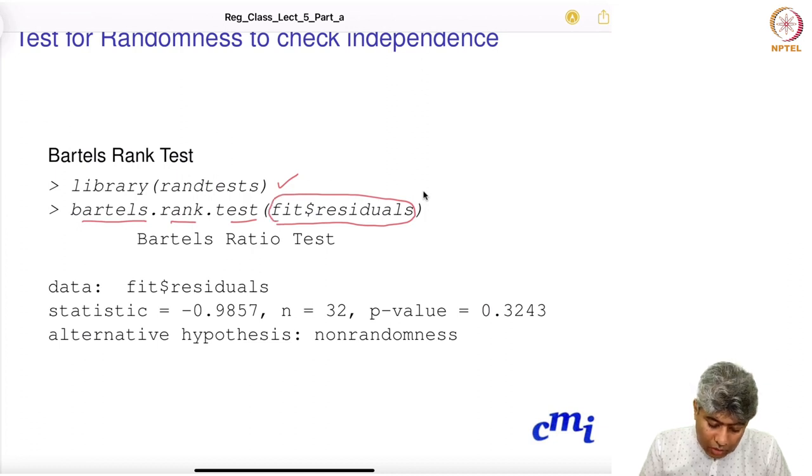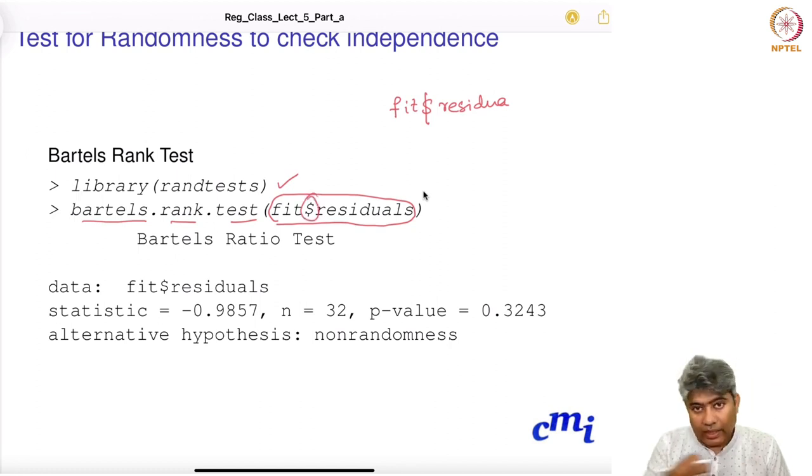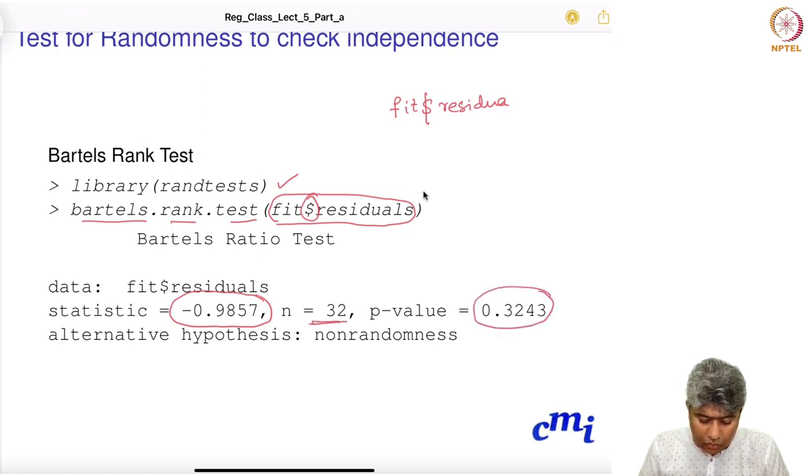We have the fitted model, and from that you extract the residuals with the dollar sign, as a vector, and supply it to the Bartels rank test. Then it runs the test. The statistic is negative 0.9857, sample size is 32, and the p-value is 0.3243.